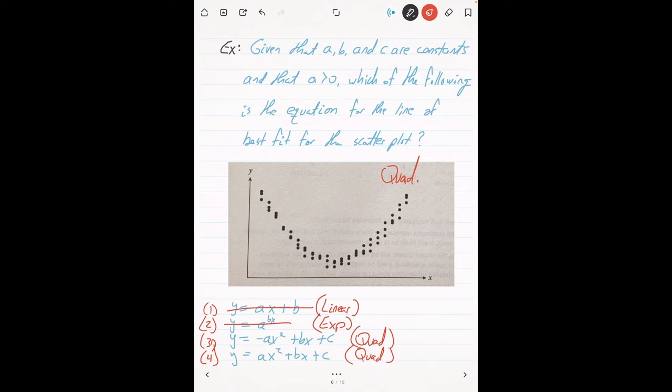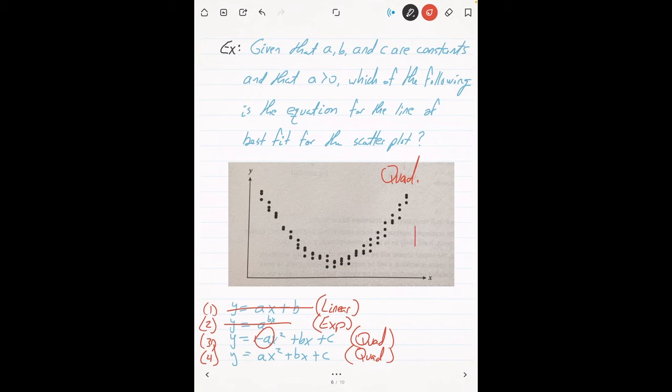Well, I know A, B, and C are just numbers, but I also am told that A is greater than 0. That means it's positive. Hopefully you remember back from our work with basic types of functions that when your leading coefficient, the first number here, is positive, your parabola opens upward.